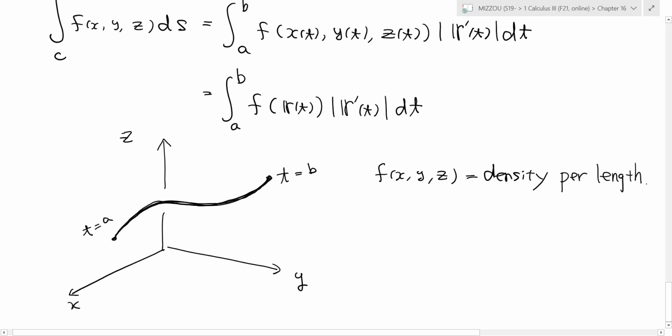Unit is per length, whatever the unit for length you want to use. So suppose the weight of the wire is not evenly distributed. At each point on the wire, at each xyz, you have different weight per length. All right. And then the line integral is precisely the total weight of the wire.